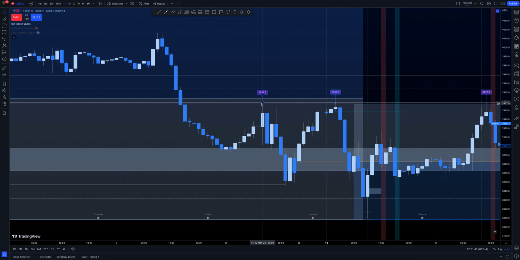So you're looking for a 1 hour PDRA grab on liquidity, whether that be fair value gaps or old highs or old lows, and then we've failed to breach this high here, but we've taken the liquidity from these relative equal highs. We've created that swing high, and then we've got the confirmation here.